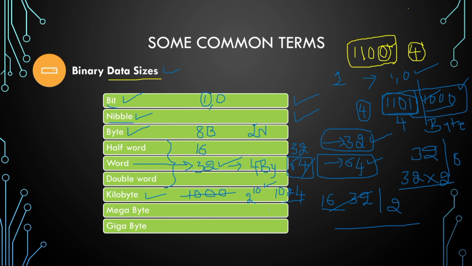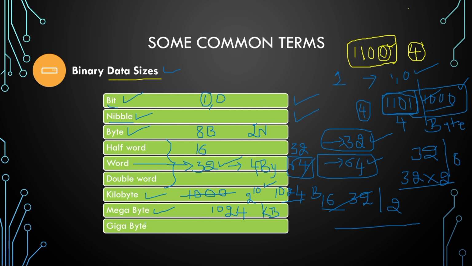So kilobyte is nothing but 1024 bytes. 1024 kilobytes will make you 1 megabyte, and 1024 megabytes will make you 1 gigabyte or 1 GB.